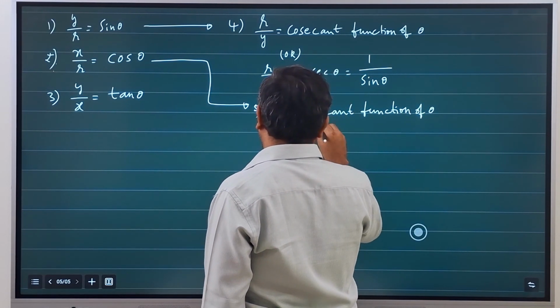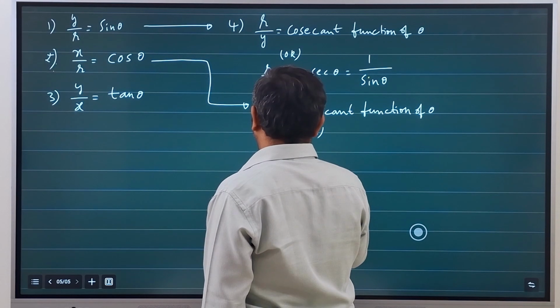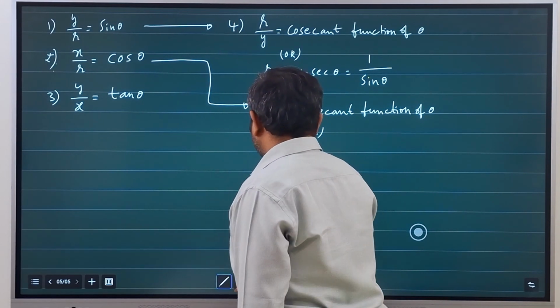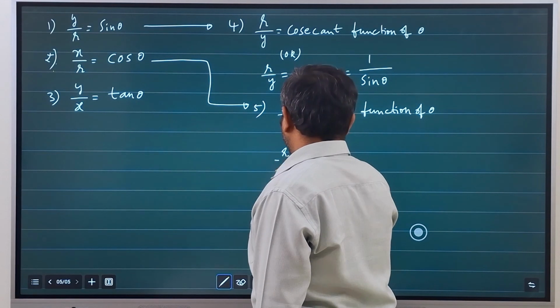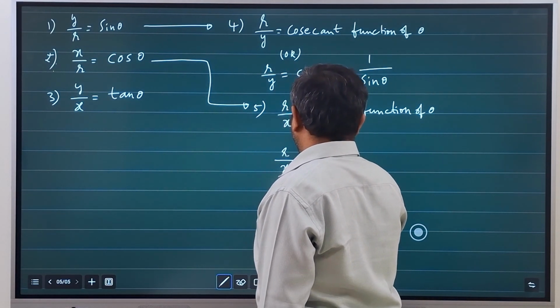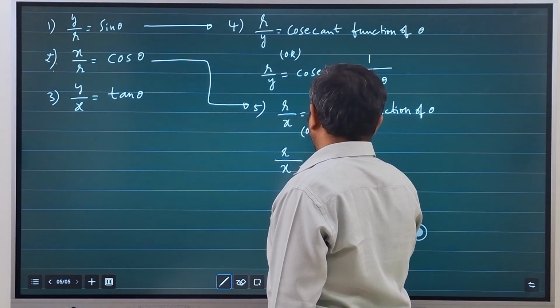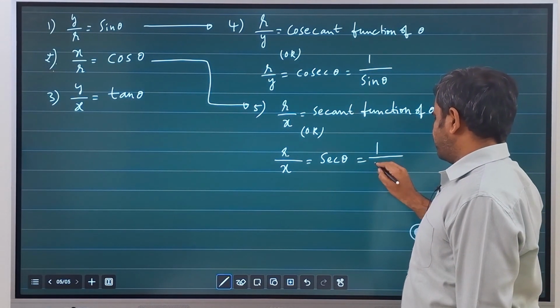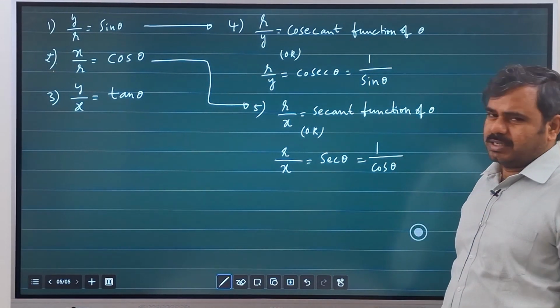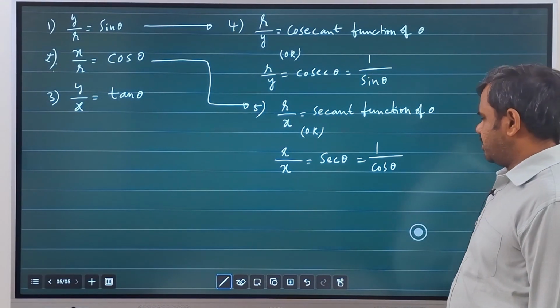Or in the short form, we write it secant theta or sec theta. Which is, of course, the reciprocal of cos theta. Secant theta is reciprocal of cos theta.